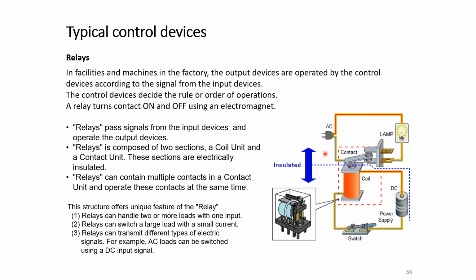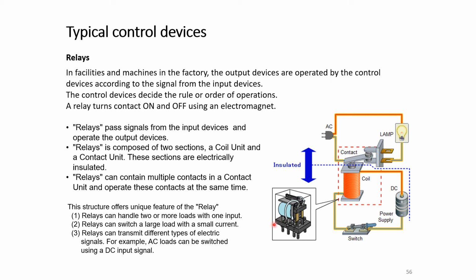Okay, so this is a relay, but a relay is composed of two main sections, coil and contact, and they are electrically insulated, so there is no electrical connection between these two.